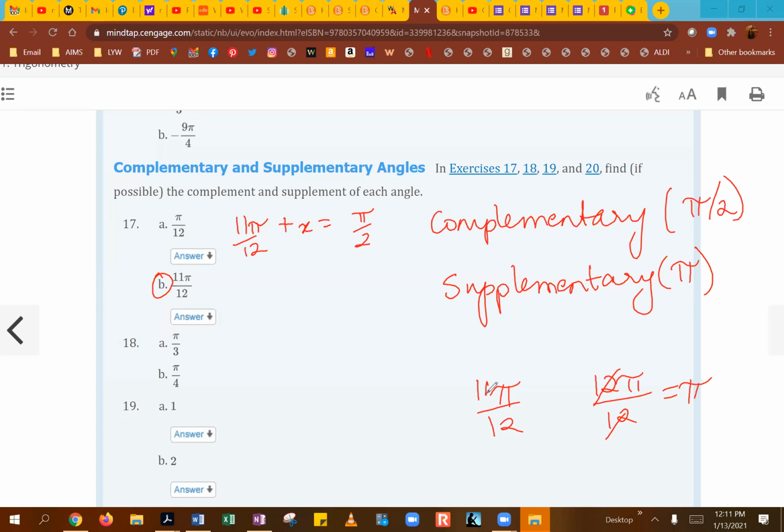And remember, pi, like John, you mentioned, is almost right there at the 180 degree, or the supplement level. So since this angle is larger than pi halves, you will not have a complementary angle, because you're already beyond that 90 degree mark.